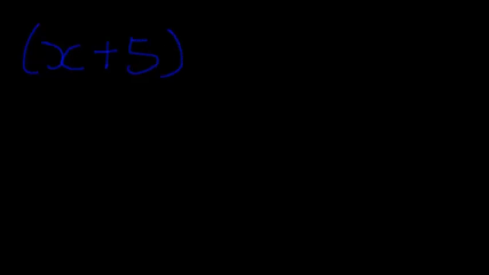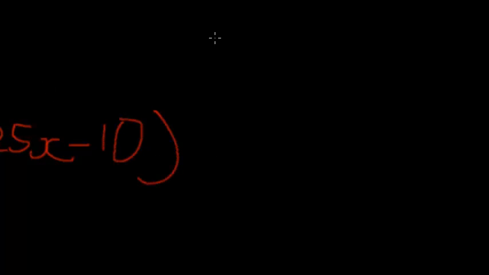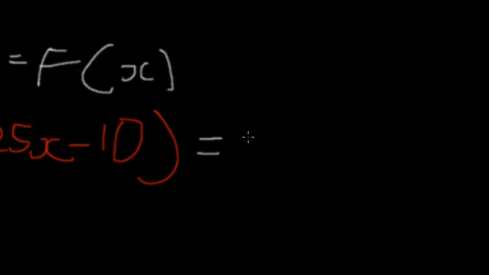We want to find out whether we can divide x squared plus 25x minus 10. Let's make this equal to f of x, and this equal to g of x.